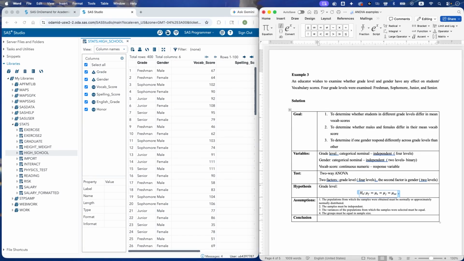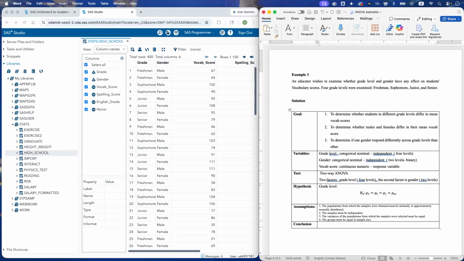What does this mean? I'm going to say this in English: H naught, there is no difference in mean vocab score across the grade levels. So they are all equal on average.